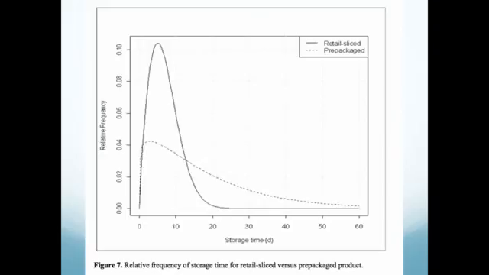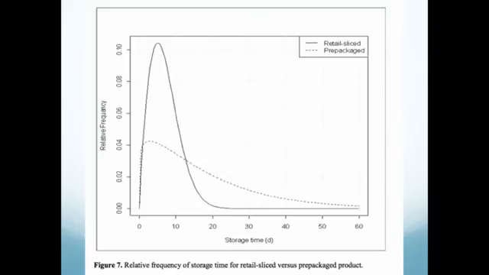But we can't just think that retail is going to be more dangerous because we're going to get exposed to listeria. The other side of it is that deli meats sold over the counter have a very short shelf life, whereas pre-packed materials have a shelf life of something like 60 to 70 days.